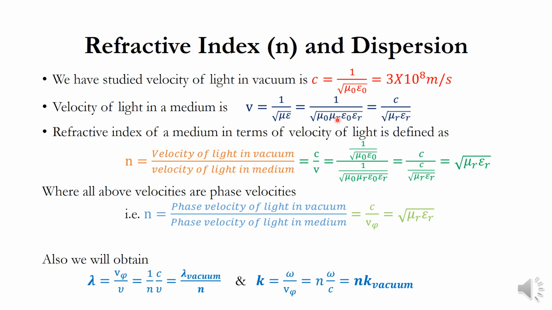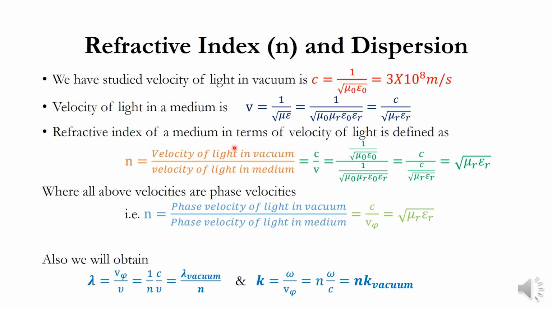This r corresponds to the relative permeability and relative permittivity, and this mu 0 is the permeability of the air or vacuum, and this is again the permittivity of the vacuum. So this can be written like this. This 1 by root mu 0 epsilon 0 can be replaced by c, so that this can be written like this: c by root of mu r epsilon r.